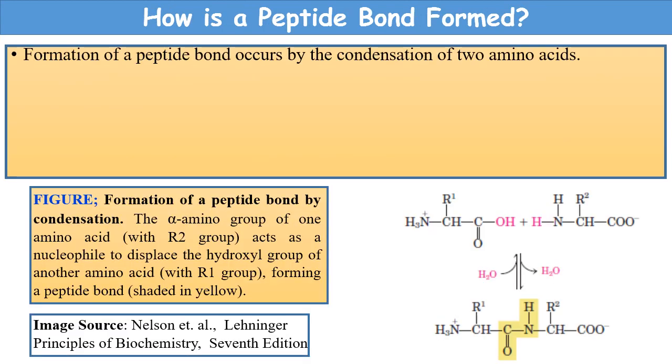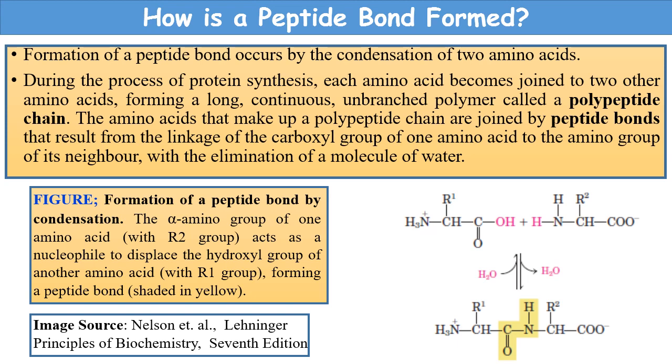Now, how is a peptide bond formed? Formation of a peptide bond occurs by the condensation of two amino acids. During the process of protein synthesis, each amino acid becomes joined to two other amino acids, forming a long, continuous, unbranched polymer called a polypeptide chain.